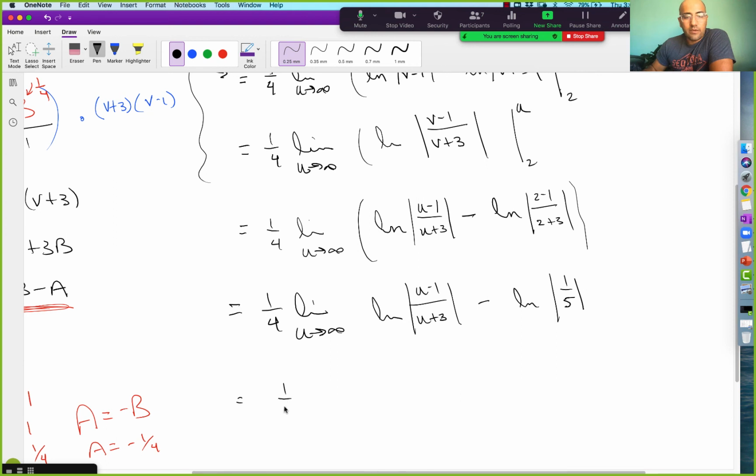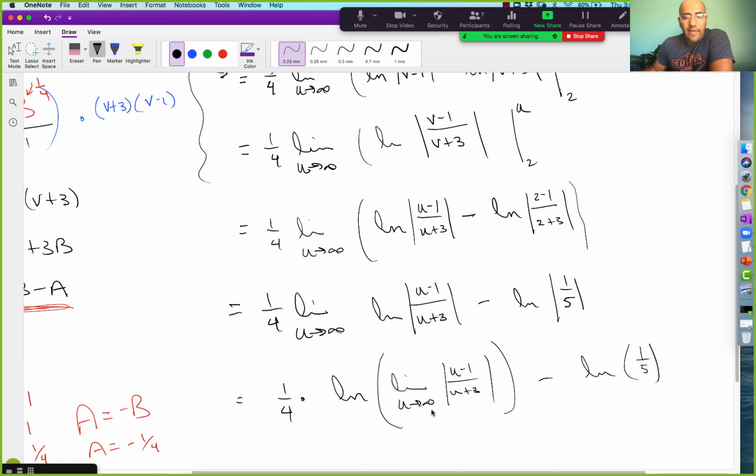So this is going to be 1/4 times, and now instead of finding out the limit of both of these, I need to figure out ln of the limit as u goes to infinity of this part, u minus 1 over u plus 3, minus ln of 1/5, and I don't need the absolute values anymore.